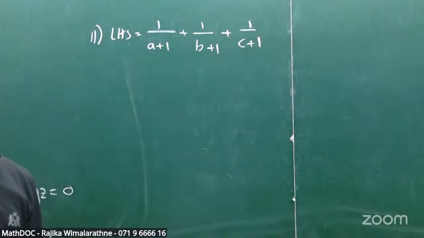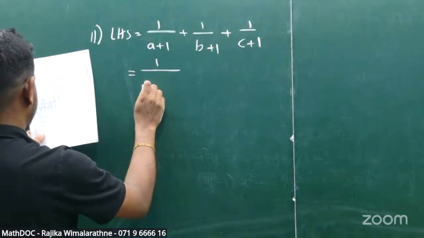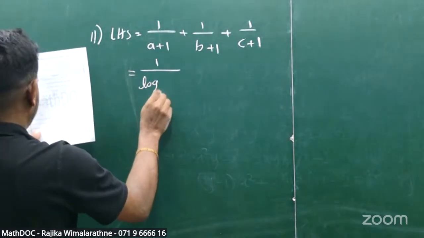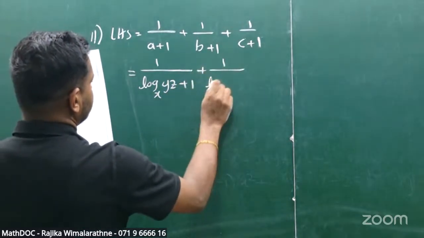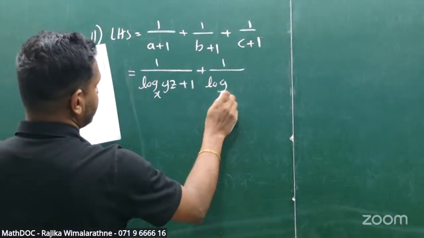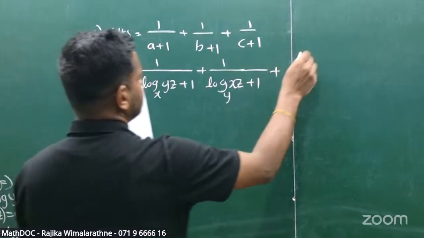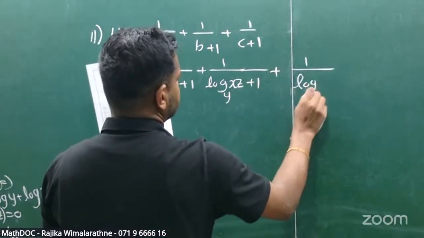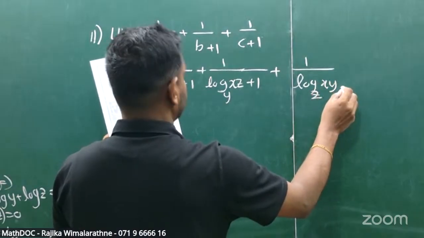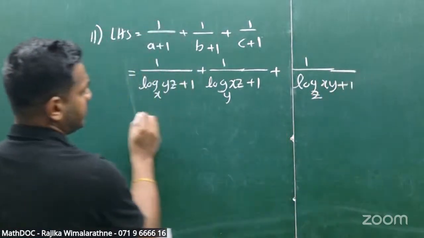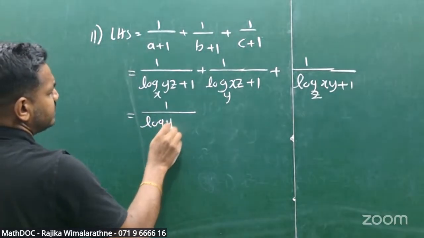We have done this same type of question before. Then 1 over a means log x base yz, plus 1. 1 over b means log y base xz, plus 1. 1 over c means log z base xy, plus 1.